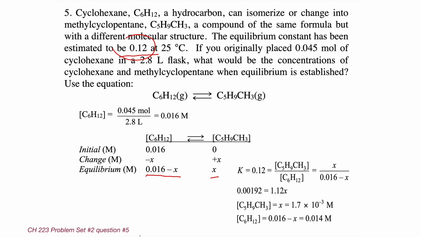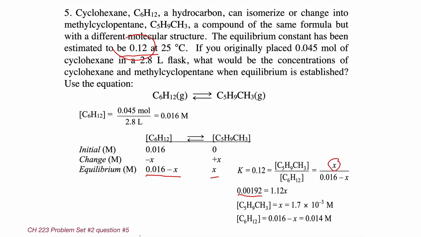This is one equation with one unknown. So to figure out what X is, we need to isolate the X. First we would go 0.12 times 0.016. That's a number. And we'd also go 0.12 times X. Now 0.12 times 0.016 is this number right here, and that minus 0.12X equals 1X.